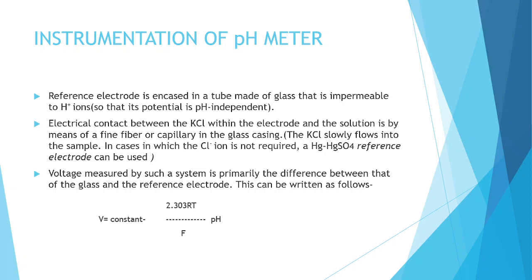V is equal to constant plus 2.303 RT divided by F and pH. Thus, voltage generated is linearly related to the pH of the solution.